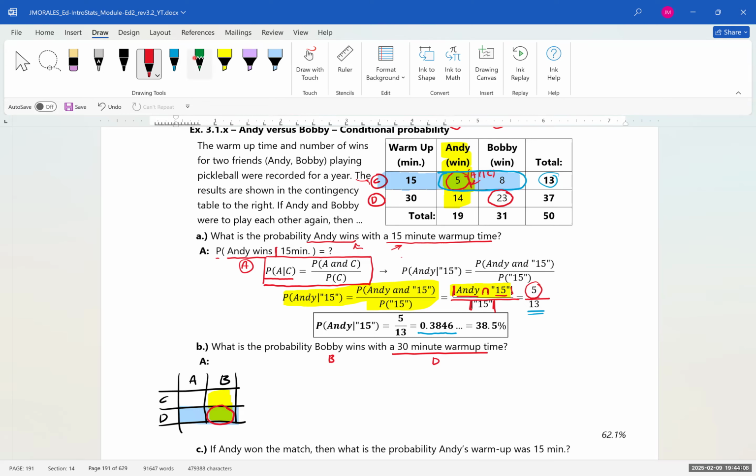So let's see here, I'm working ahead a little bit. So the probability of A given a 30-minute warm-up is equal to the probability of, oh, I just messed up, didn't I?